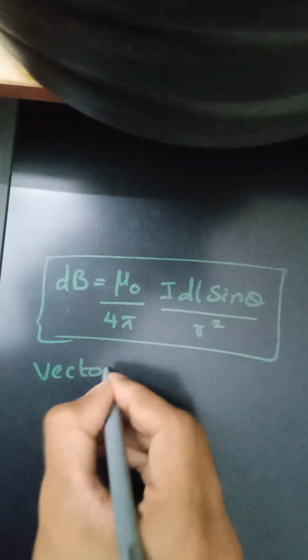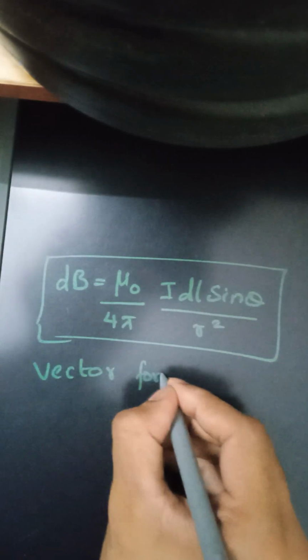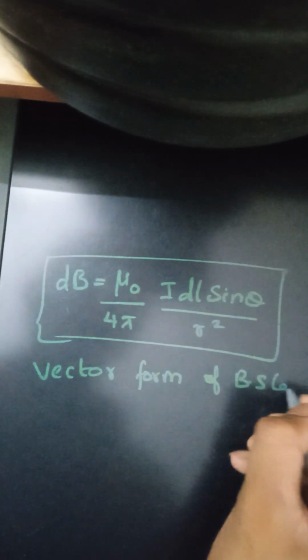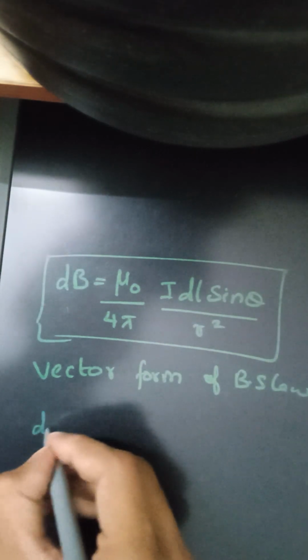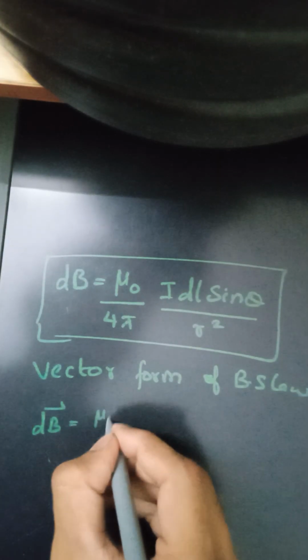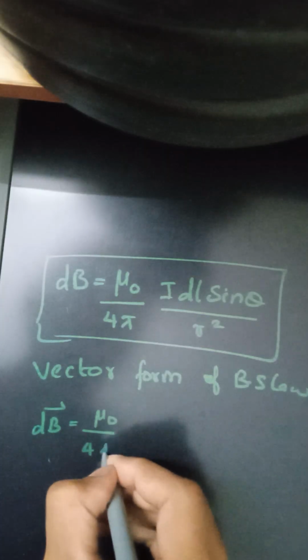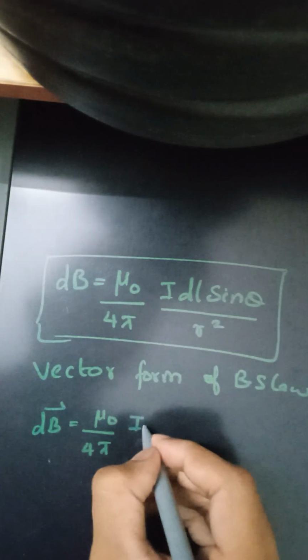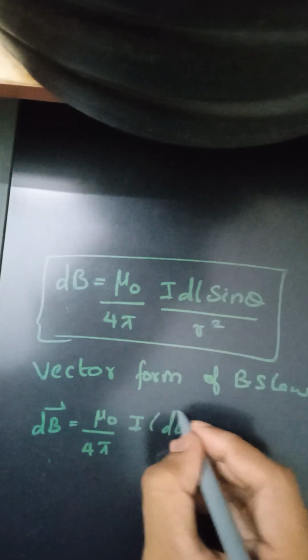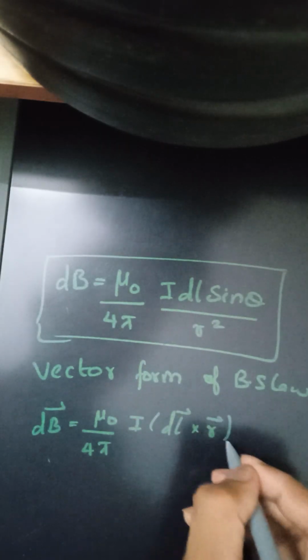Then we will be writing the vector form of BS law, that is dB vector equals mu naught by 4 pi. I is a scalar quantity, so it will be out, and dl vector cross r vector.